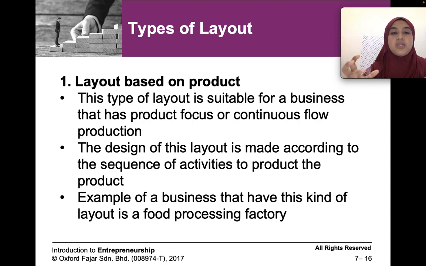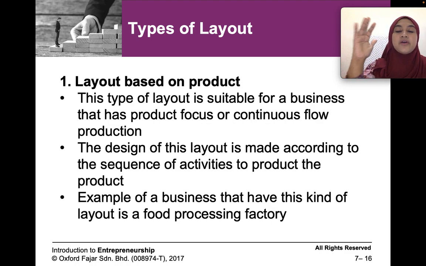Which means the business will try to arrange the machine according to the flow of production. So that is why the first thing in the operation plan, you need to identify the production process. After you have identified the process to produce this product, next you must arrange the equipment, arrange the layout in the operational plan so that the transformational process will run smoothly.